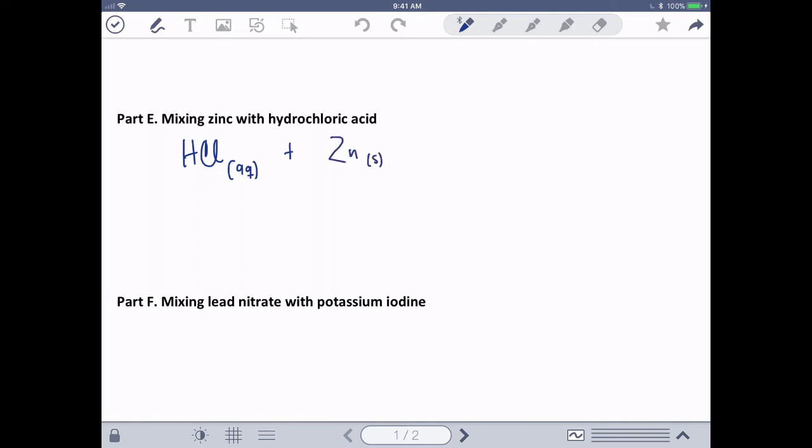It was actually these little pellets of zinc. And then that will produce zinc chloride and hydrogen gas. Cool. Then the equation is balanced by adding a 2 over here.